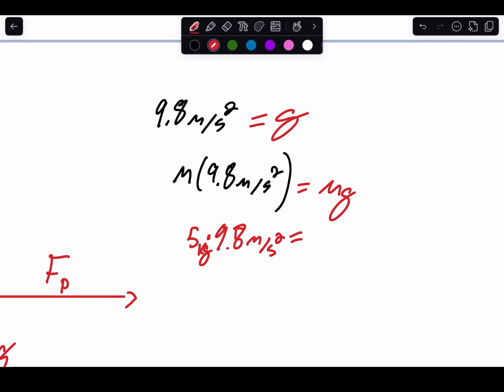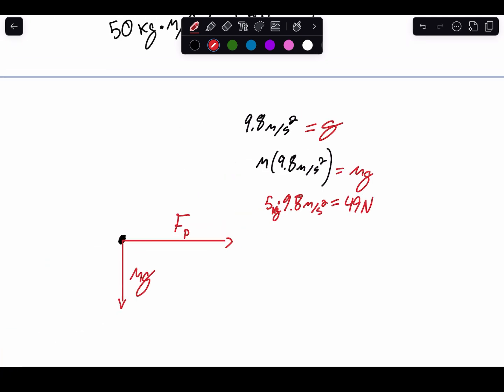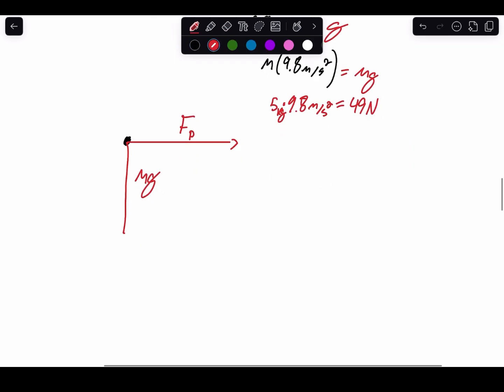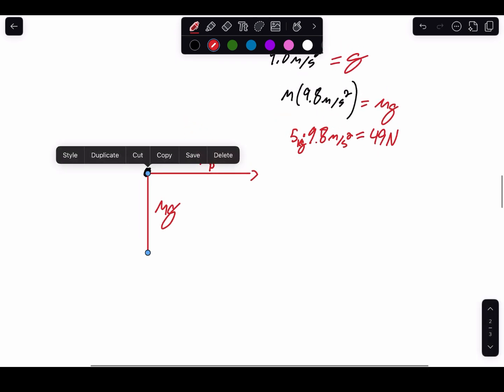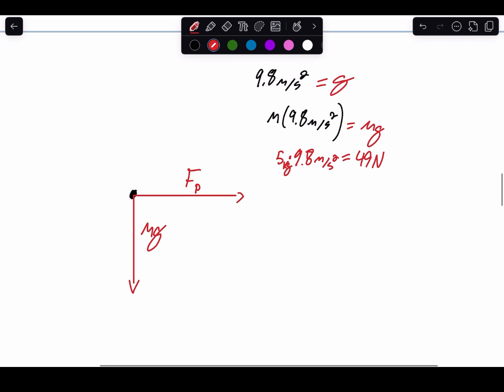I'm not going to try to do it in my head because I'll get something wrong. But 9.8 times 5 is 49 newtons. And that's slightly less than 50. So we should draw that arrow, or redraw it if you didn't in the first place, to be very slightly less than the arrow of the force pushed by the guy.